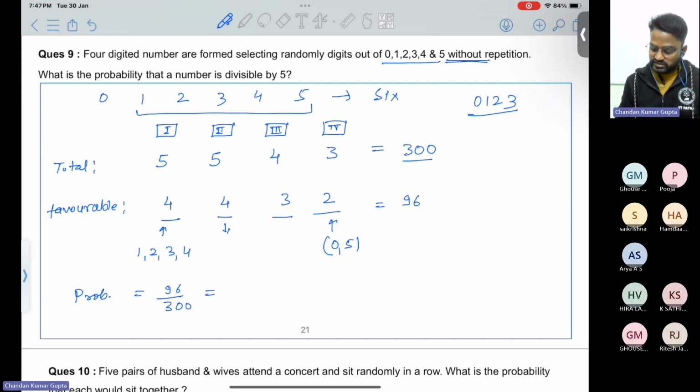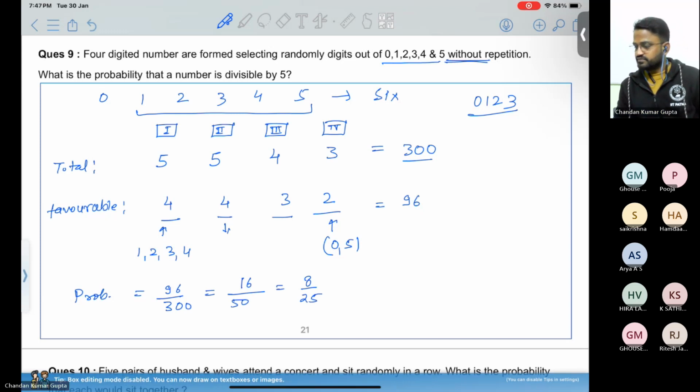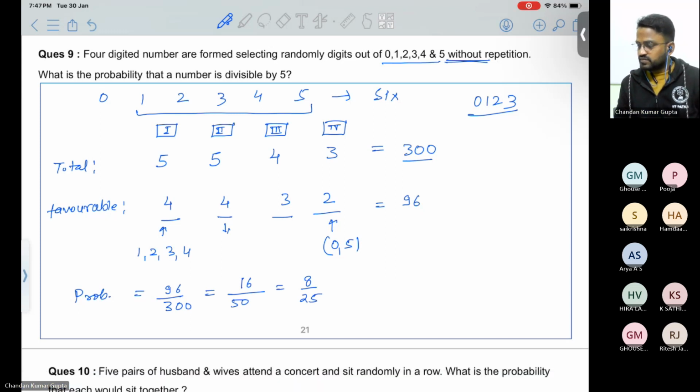You can solve, and it's 8 upon 25. Okay. I think there is some mistake. Can anyone tell me?